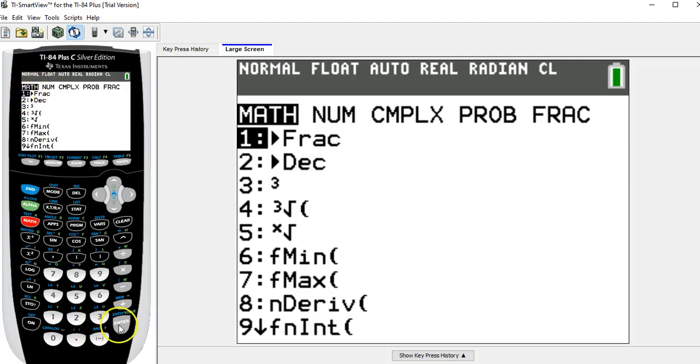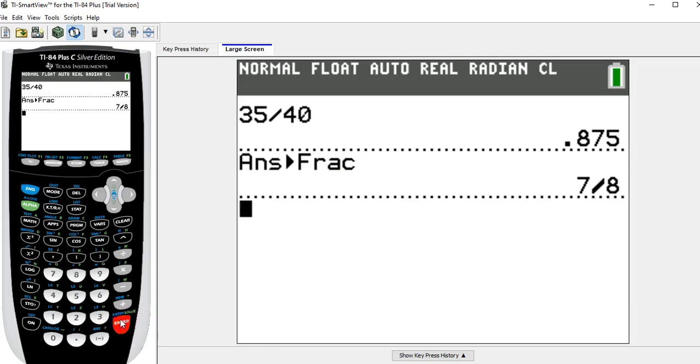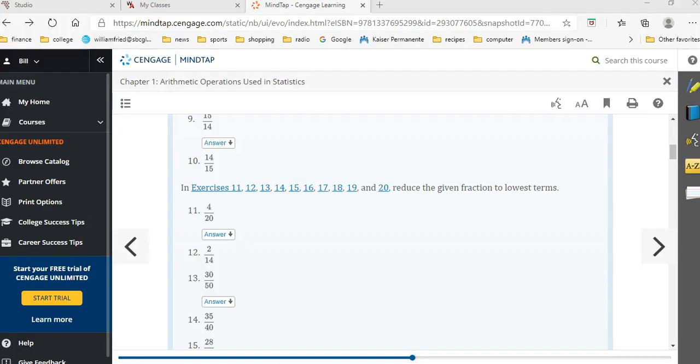If I enter that, this will take this answer and convert it to a fraction. So 0.875, which is the decimal form of 35/40, is 7/8 as a fraction in lowest terms, and that's the answer. We can similarly add and subtract using the calculator.